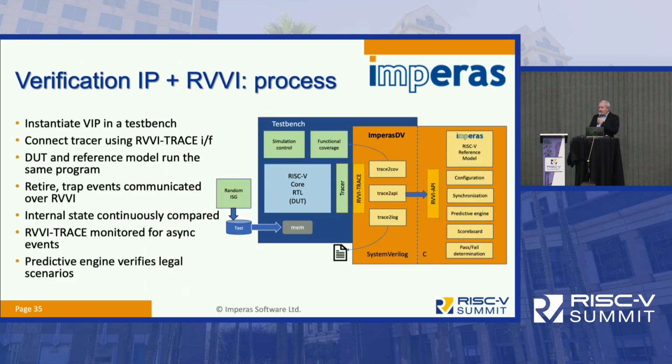If we put all of this together, so our test bench with our RTL, the tracer, and then connected through this Imperas DV interface, this is what you actually see. This is a complete system whereby you can execute programs on your target RTL, and at the same time, the step-by-step instruction execution is being compared against the reference model that has been configured to determine what the supported extensions and behaviors are of that intended RTL.